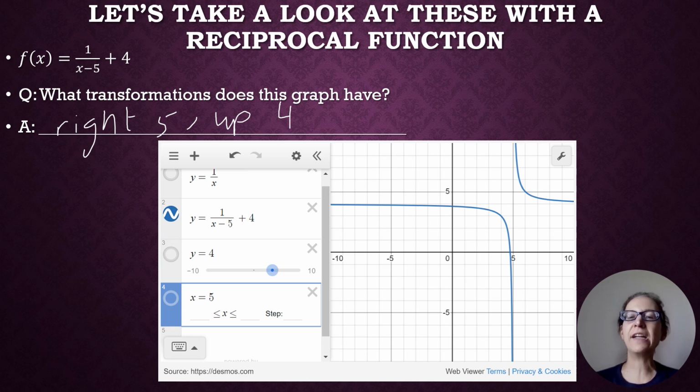And you can kind of see why we don't start teaching transformations with graphs that look like this, because it is harder to see. It is legitimately harder for us to see what that transformation is. You're kind of looking, let me see if I can turn my pointer on.